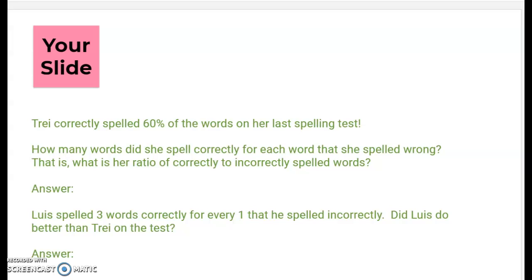So we know that percent means out of 100. So we're going to look at this as 60 out of 100 she got correct. So if it's out of 100, that means she must have had 40 incorrect.